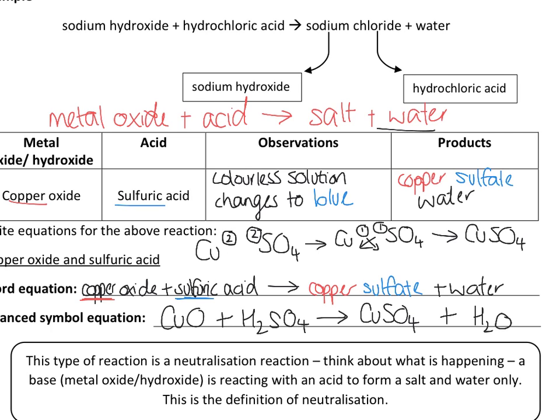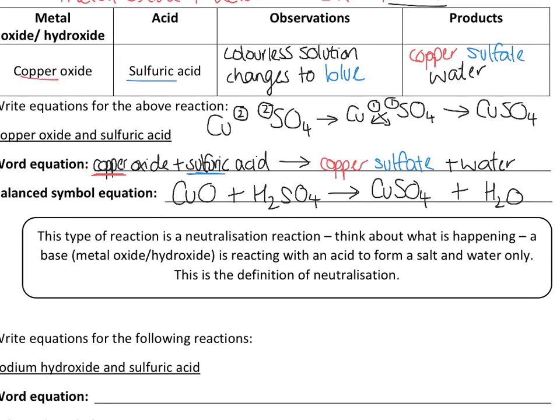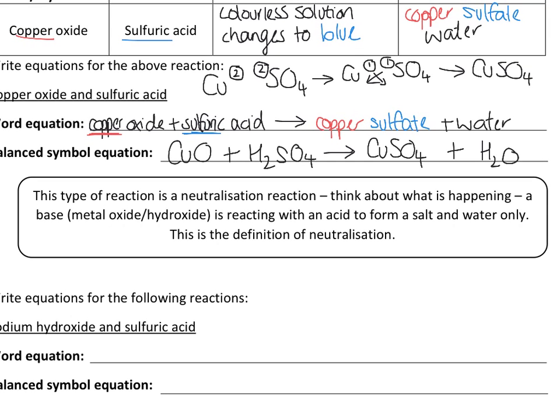Okay, in terms of balancing it now, we need to make a list on the left hand side and make a list on the right hand side. So I'm just going to do it down here. I've got copper, oxygen, hydrogen, and sulfur. On the right hand side I have copper, oxygen, hydrogen and sulfur.